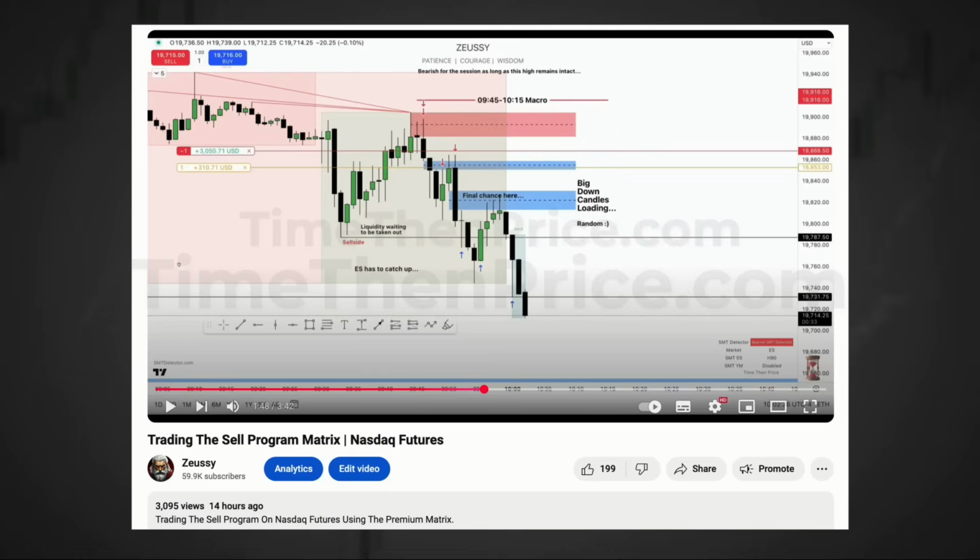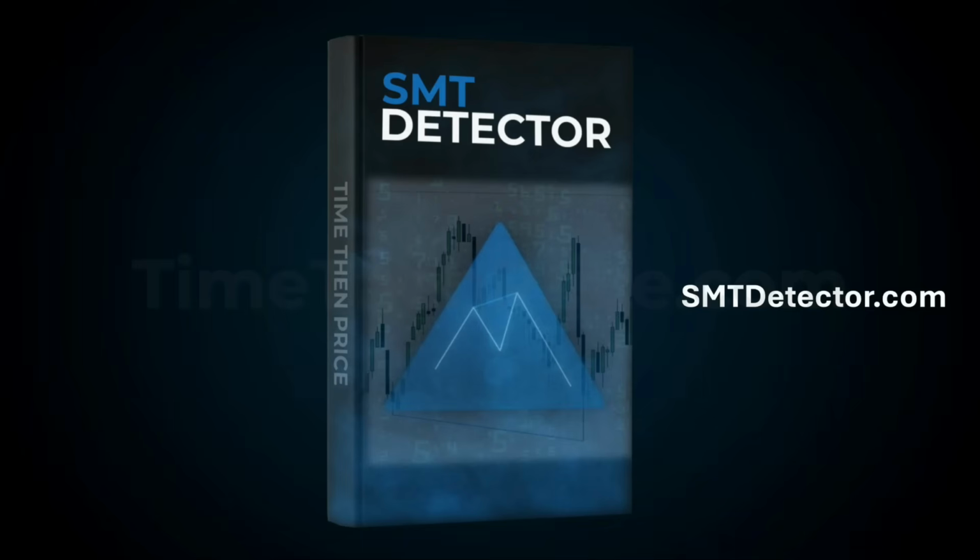What you can do is investigate these time cycles by plotting them on your chart and then paying attention to intermarket relationship relative to these time cycles. This process can take quite some time, and therefore we have created an automated tool which helps you with recognizing these SMTs. This tool is called the SMT detector. If you would like to read more about it, you can go to smtdetector.com and you will be able to read all the details there.